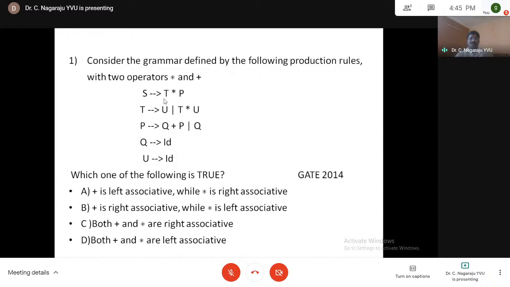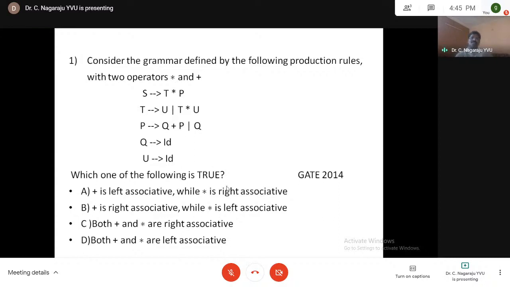In the plus production, P can have the form of Q plus P. That means the production P has P on the right side of the plus, so it will be right associative. The expression will be evaluated from the right, like a rightmost derivation. So plus is right associative.